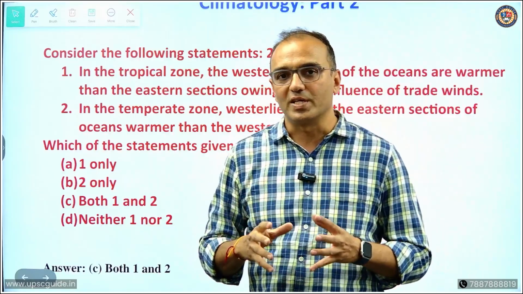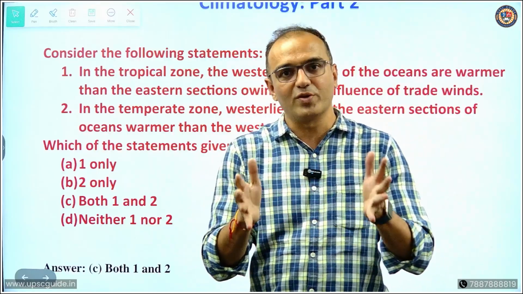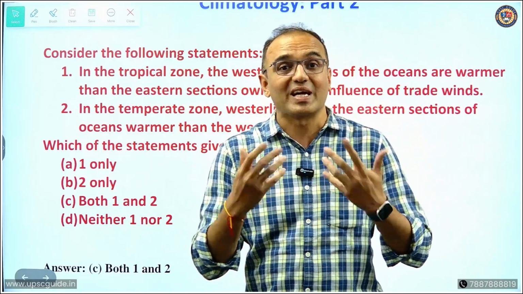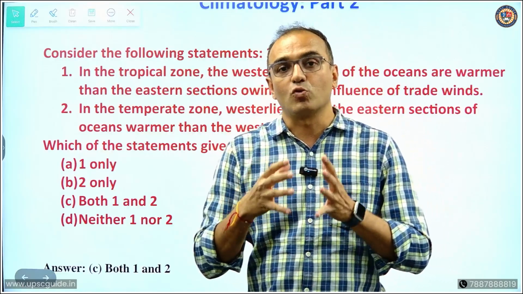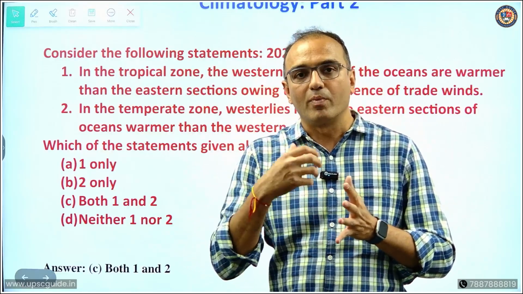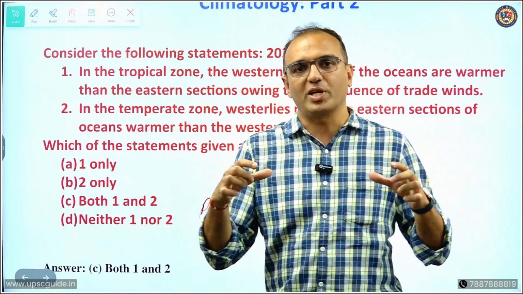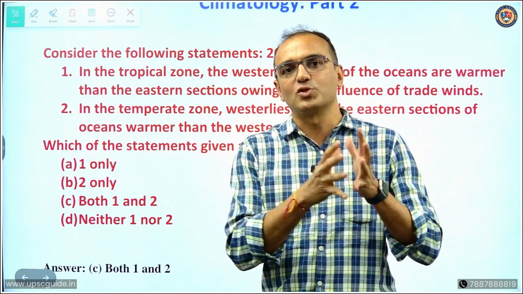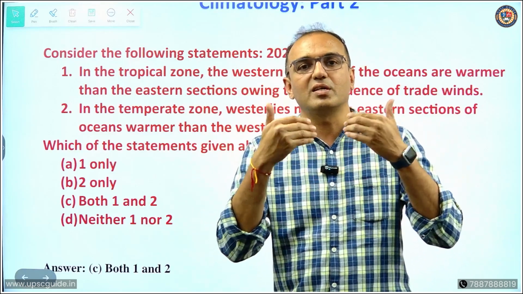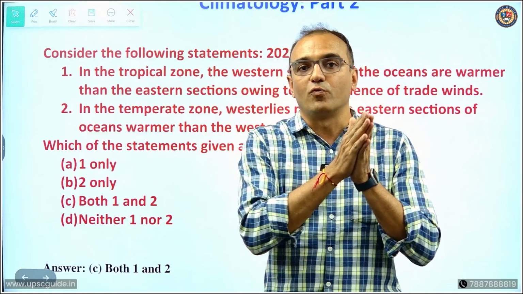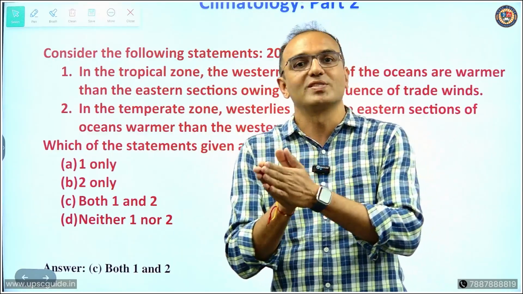See, what we have seen is this ocean water and the ocean currents, you must have heard about them. These ocean currents are driven majorly by the planetary winds. So in the tropical belt, the trade winds move from east to west. Beyond the subtropical high pressure belt, the westerlies move from west towards the east.